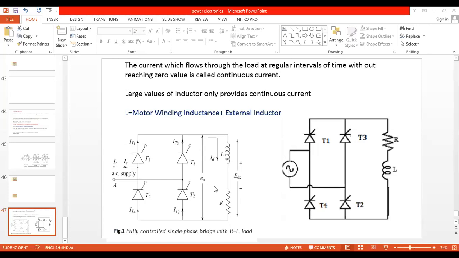This is the new thing which every student has to be perfect in. The fully controlled converter contains 4 SCRs. Why do we have to use 4 SCRs? Why not only 2 diodes and 2 SCRs? If you are using 4 SCRs, you can control the speed of the motor in the forward direction and in the backward direction. An electric train can be moved in the forward and backward direction only with the help of the fully controlled converter.